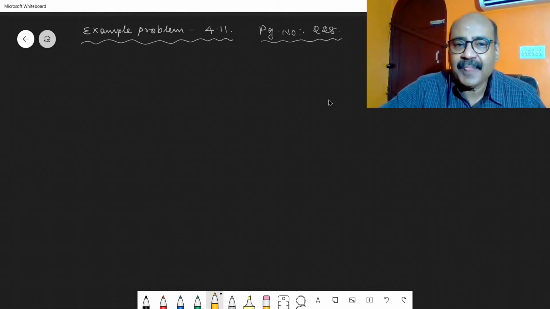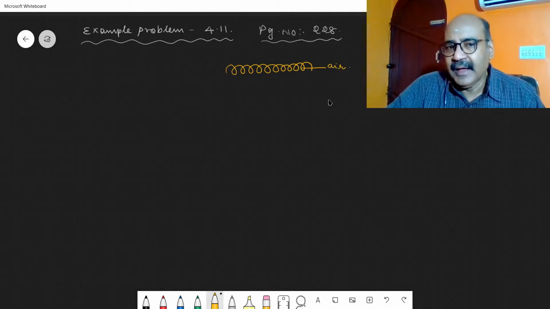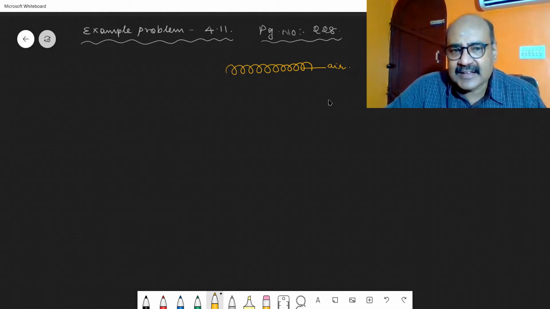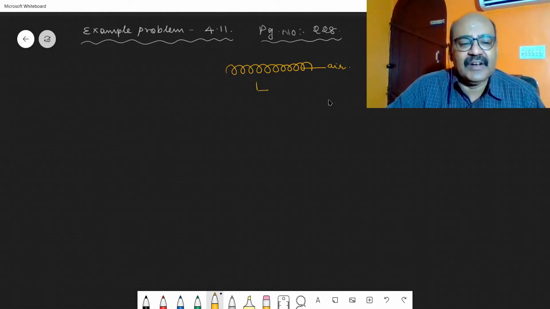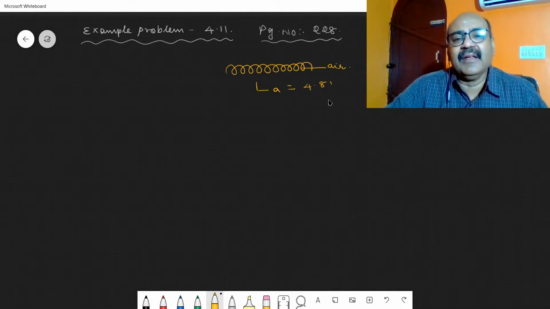Initially you are having a solenoid, and inside this solenoid you are having air as the core. If air medium is the core, then it was given as the coefficient of self-inductance for the air core, let us consider it as L of A, is taken to be 4.8 millihenry.